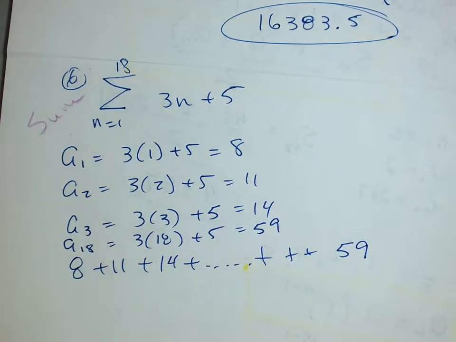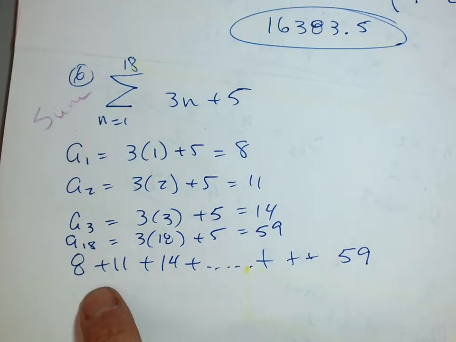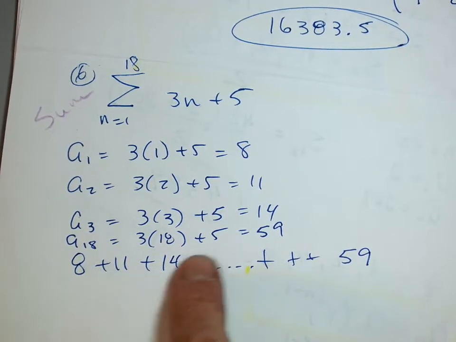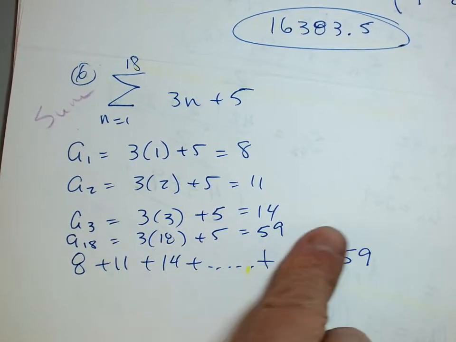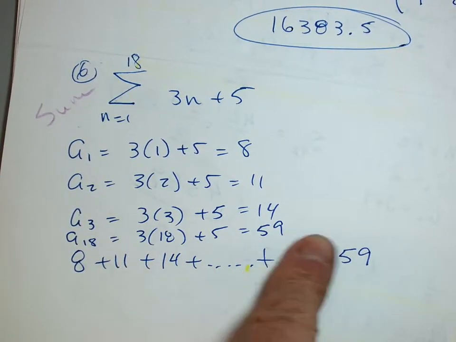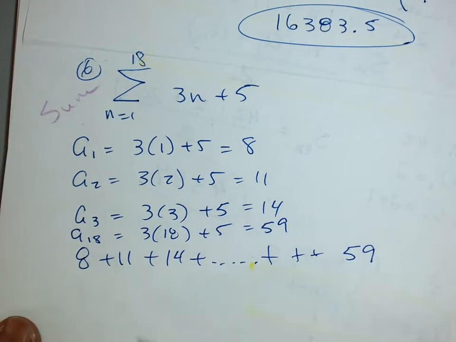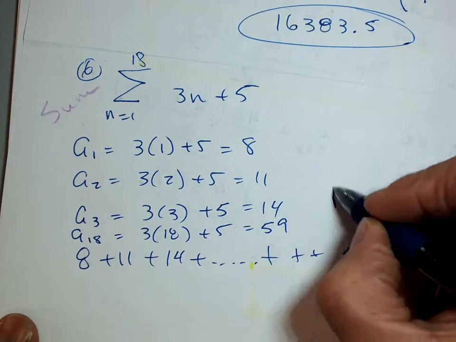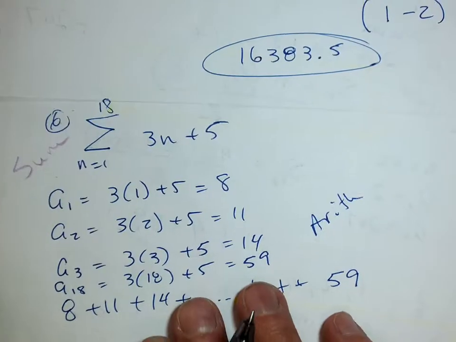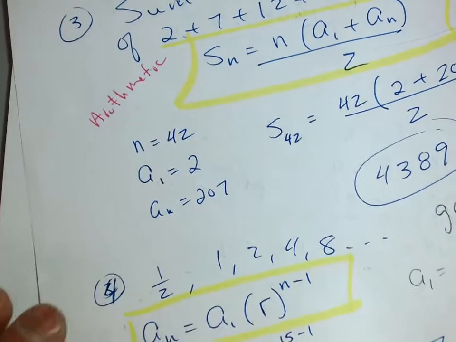Okay? Now, we have a formula. Is this arithmetic or geometric? Am I adding or multiplying? Yeah, I'm adding. So it's arithmetic. So this one's definitely arithmetic. Hey, I just did one of those over here.